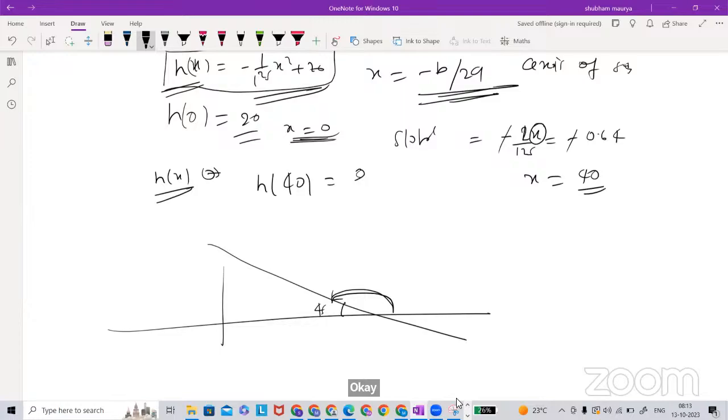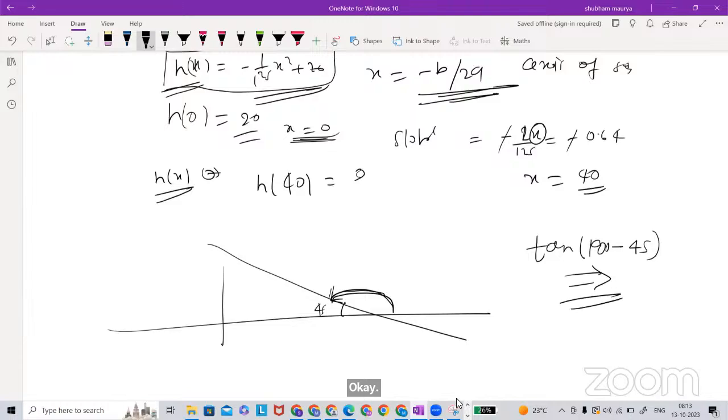So the slope is going to be tan of 180 minus 45, tan 135. Now we can calculate this value.